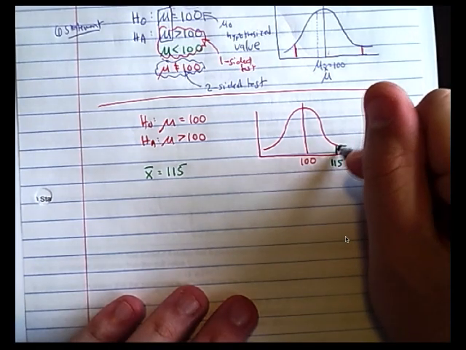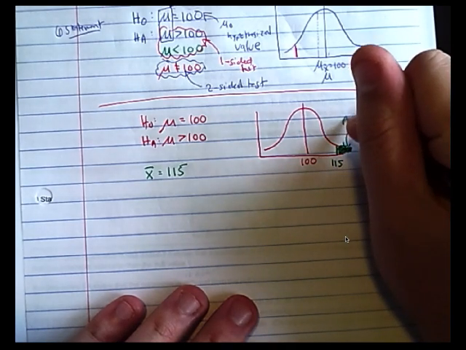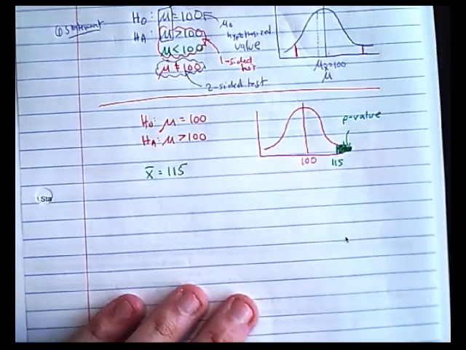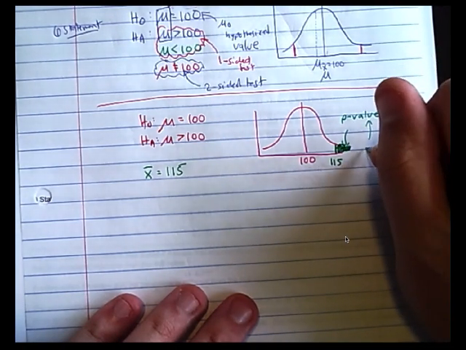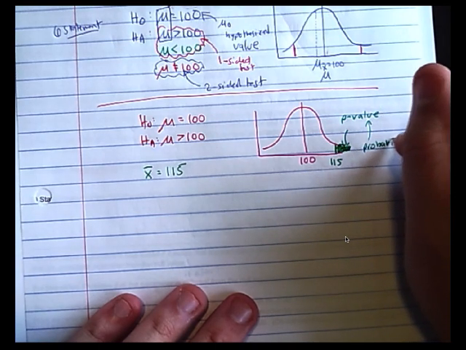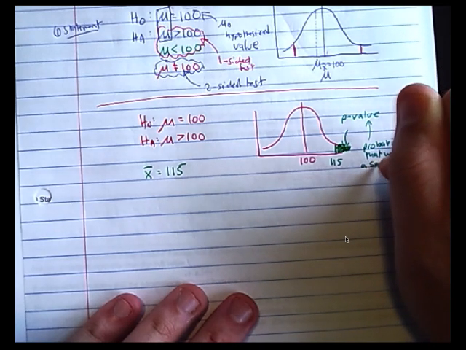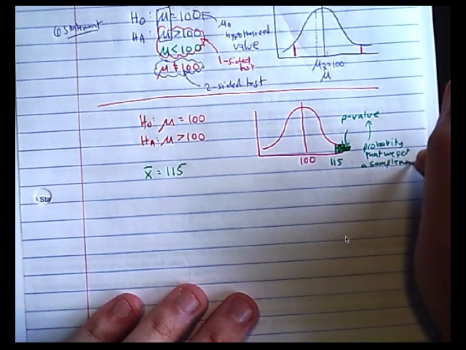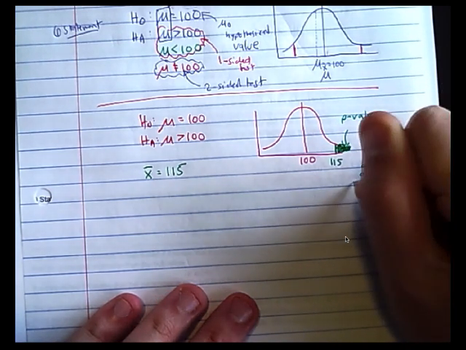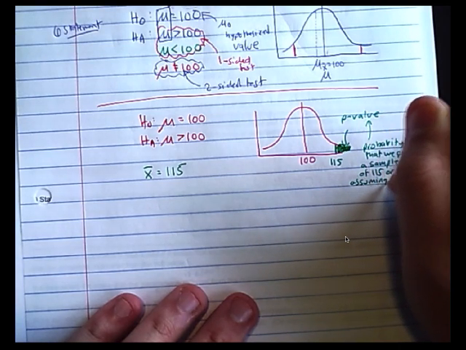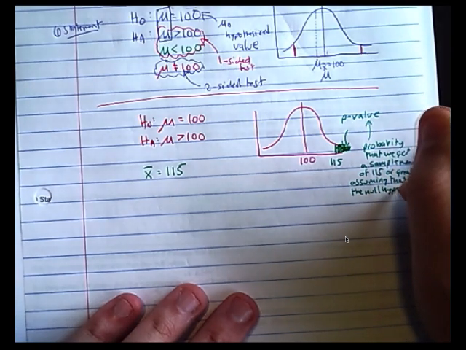So what a p-value actually is, okay, that area there would be the p-value. A p-value is the probability that we get a sample mean of 115 or greater, assuming that the null hypothesis is true.